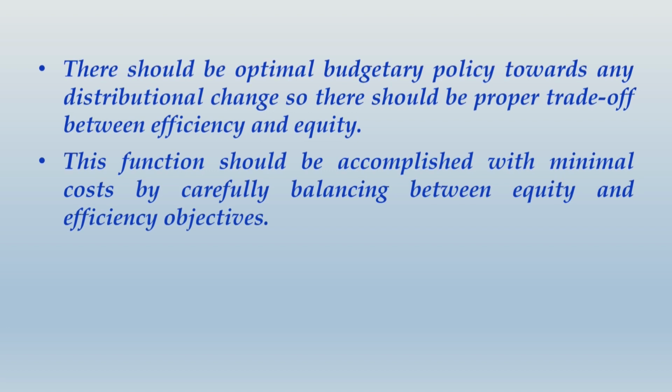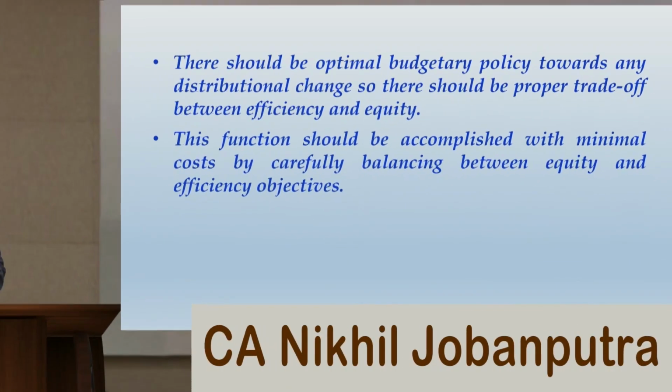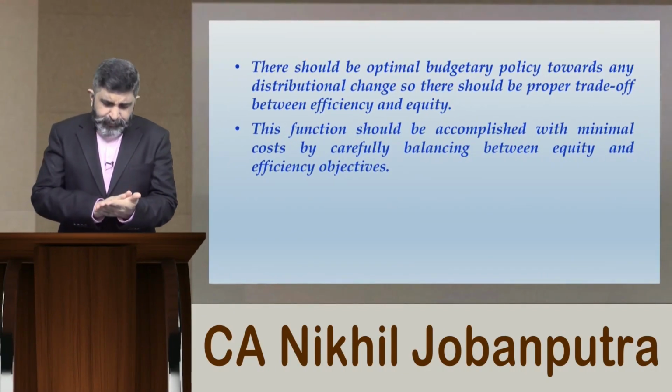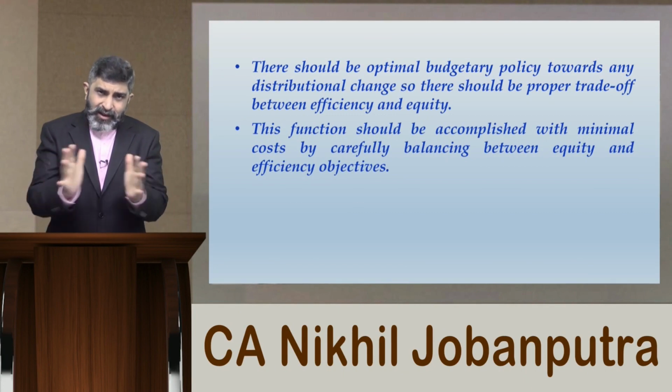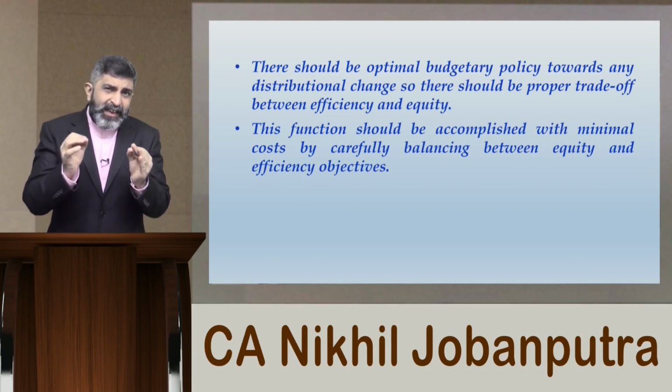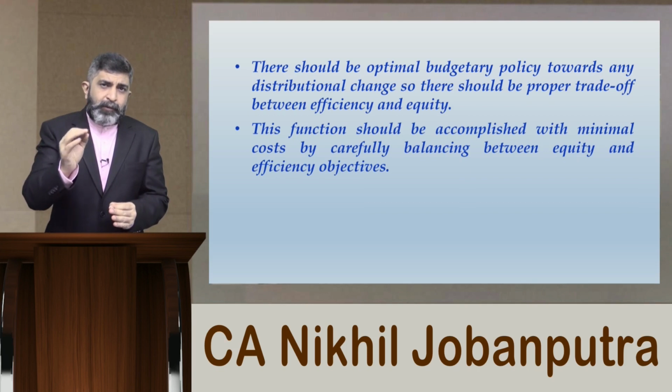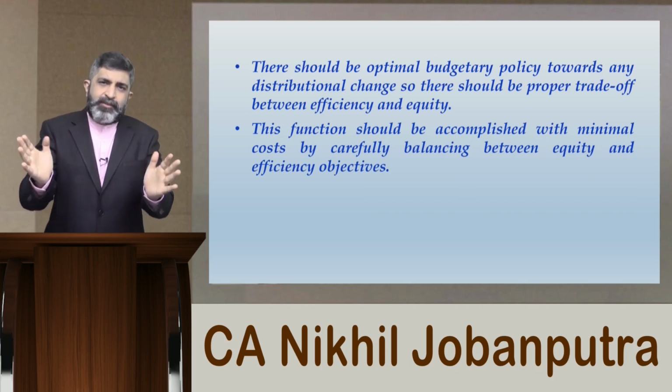Now friends, before I take you ahead with the next function, let me summarize this distribution function and what is the role of government in this regard. So what I would just try to explain to you is, if you just look at the taxation system in our country, it is designed in a way that talks about fairness in income distribution.